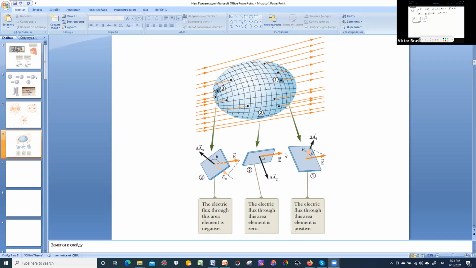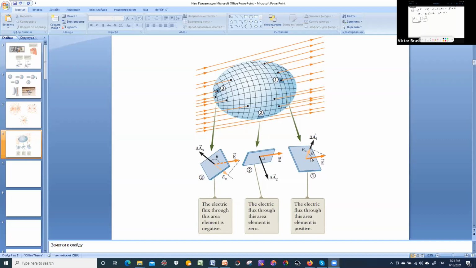That's why we don't have any flux through this surface element. And on the other side, for this small element, we have a small angle between the electric field vector and the normal to the surface element. That's why our flux is positive.